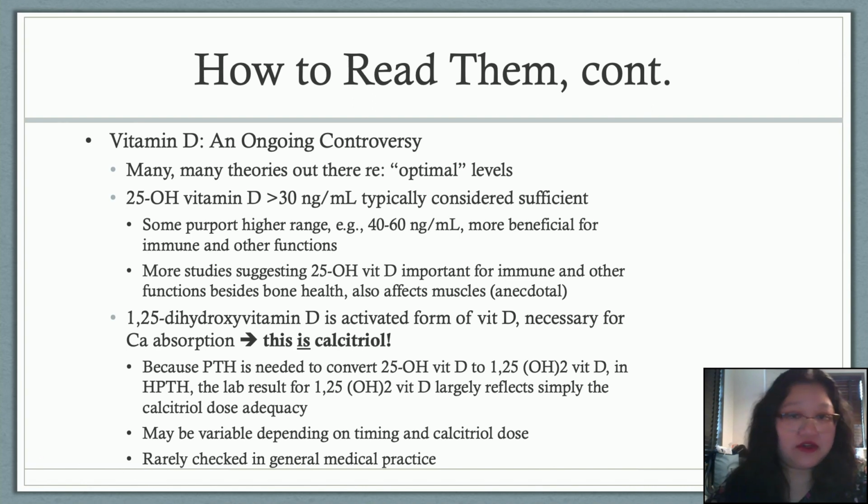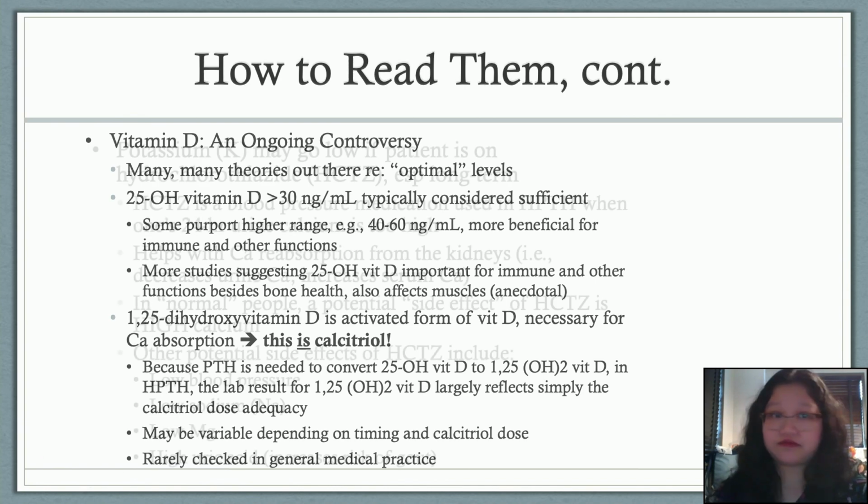And so if you're hypopara and you're on calcitriol, this becomes very difficult to interpret, because it's going to depend on how recently you took your calcitriol. You may just be measuring your calcitriol dose in a sense. So I think it's not generally checked. But if you're having, for instance, high calcium and you're not really sure why, it might be worth checking this as well.